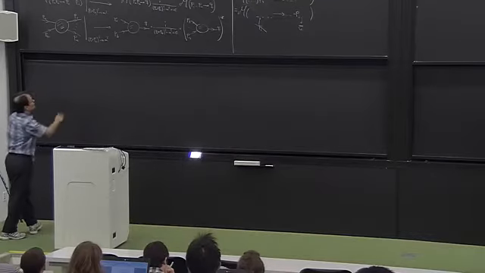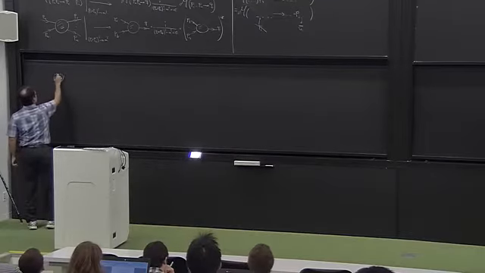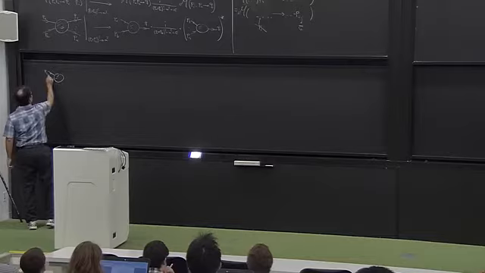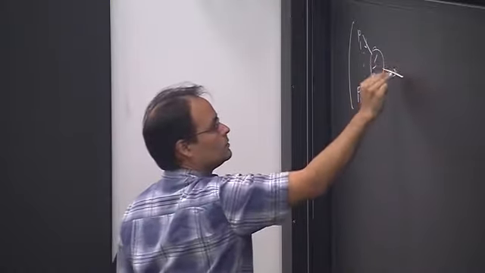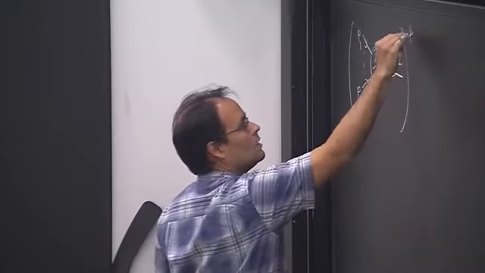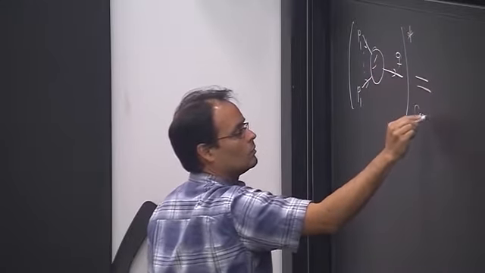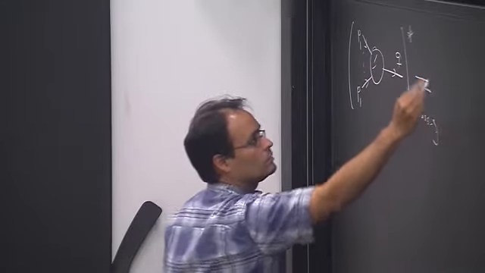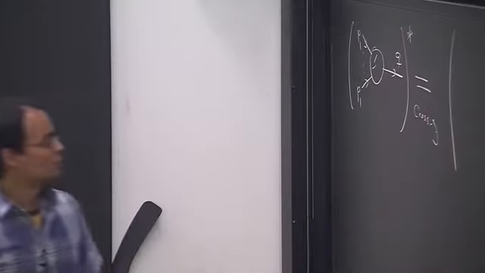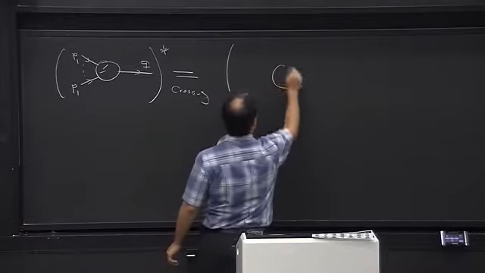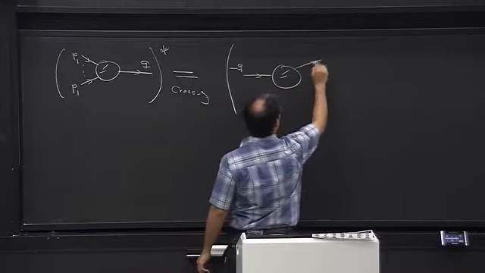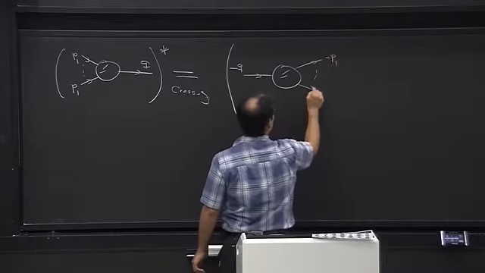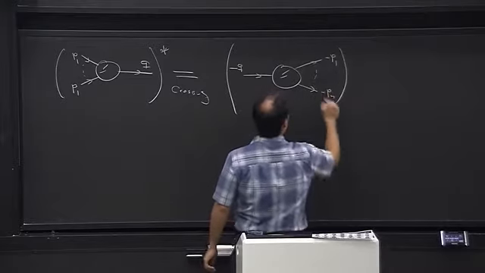So if we use crossing, that little term over there that is annoying can be replaced by a picture where we have minus q incoming and minus p1 through minus pn outgoing.